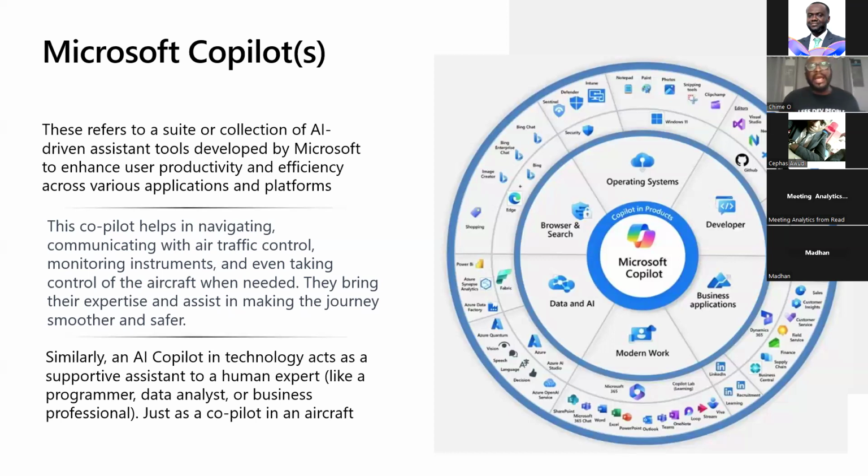I'm not going to go through all this again, but you can understand the wide range of copilots within the Microsoft stack. I mentioned GitHub. There are Microsoft 365 copilots within our Office 365, and Dynamics 365 when it comes to sales, marketing, and customer service.